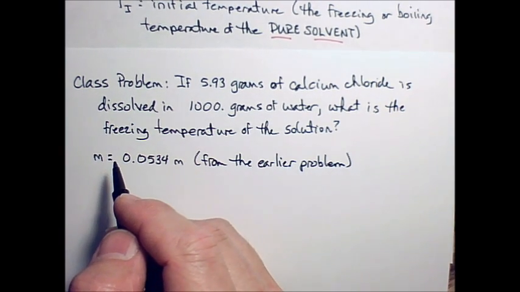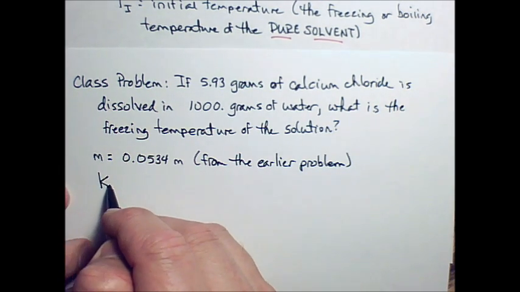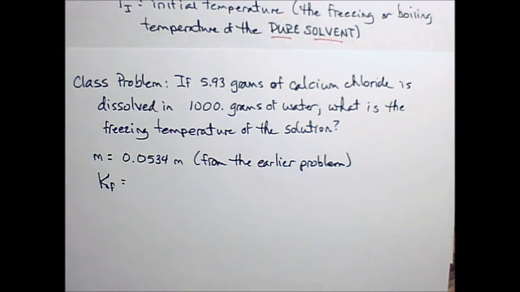Now, you're going to need your text to find K sub F. We need the freezing point constant, and this is in your text. Please get out your Unit 8 text.